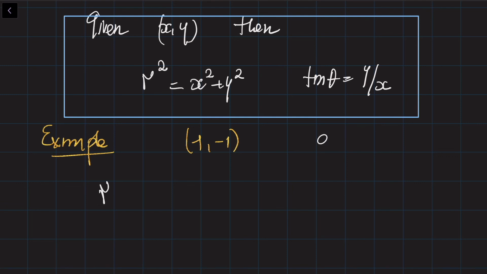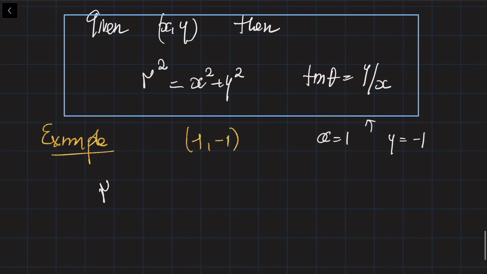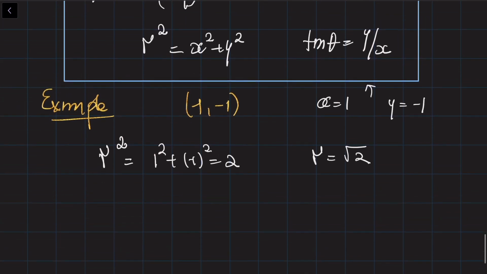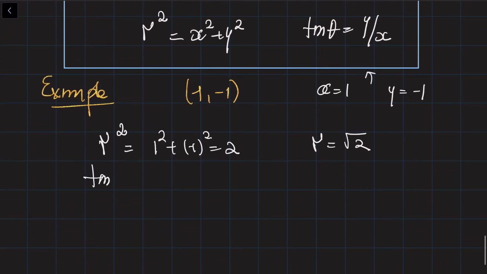So x is equal to 1 and y is equal to minus 1, and I have to substitute them into this equation. r squared is going to be equal to 1 squared plus minus 1 squared, that's going to be equal to 2. So r is going to be equal to the square root of 2. At the same time, the tangent of theta is going to be equal to y divided by x. It is minus 1 divided by 1, it's going to be minus 1.